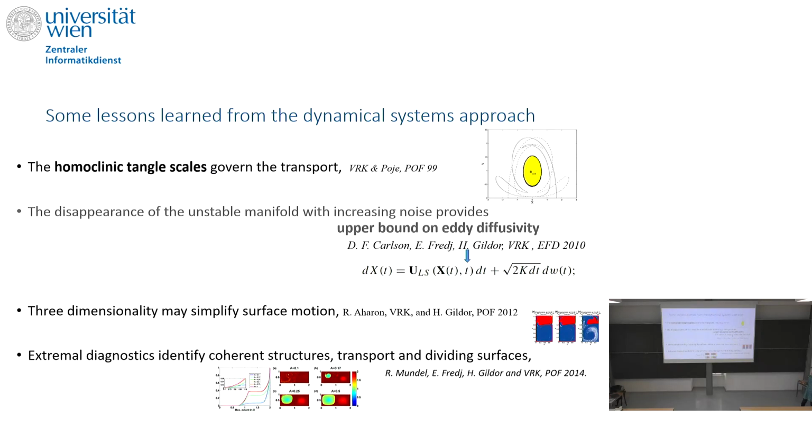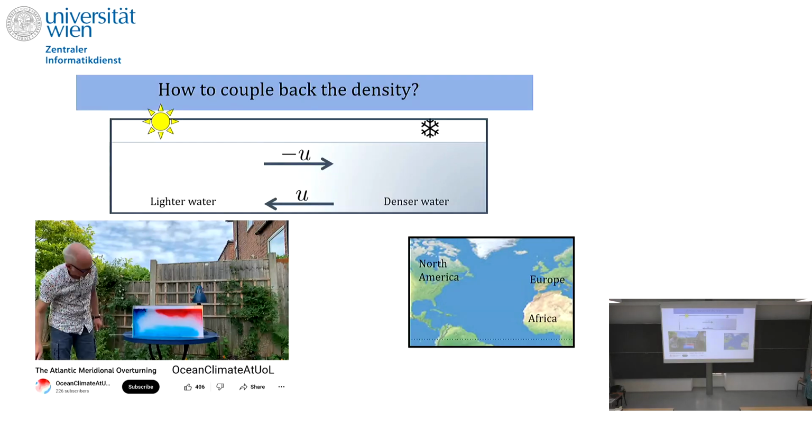And finally, just kind of an advertisement, there are some nice external diagnostics that we can use to identify these structures, which are in some sense much simpler than finite time Lyapunov exponents, and I would be very happy if people used them. So this is all about chaotic advection, and now let's go back to our problem.